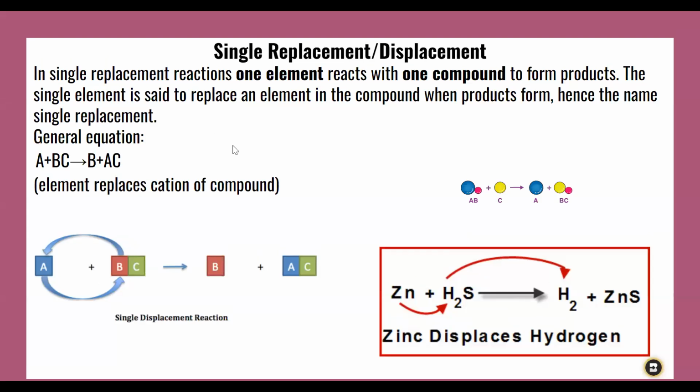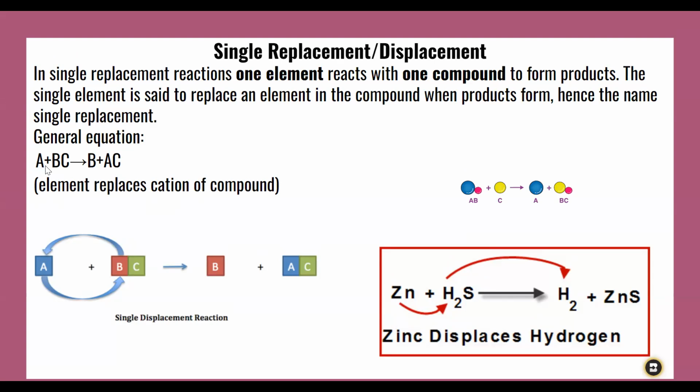So this is in single replacement reactions. One element reacts with one compound to form products. Okay, the singular element is said to replace an element in the compound. Look at it. You have this by itself. You see, this will take the place of this and kick this out. If this is not high in the activity series, it cannot do that.